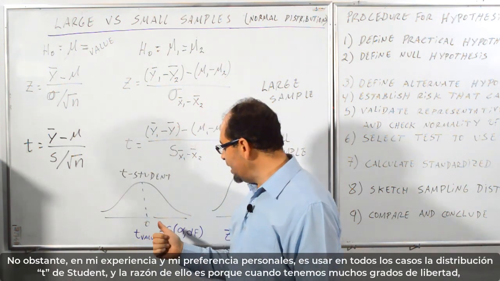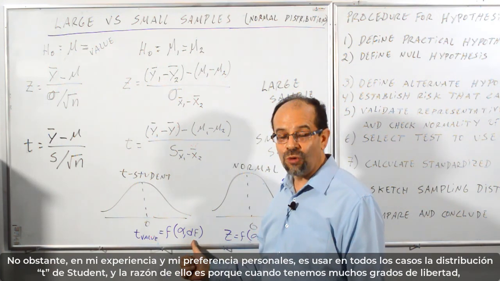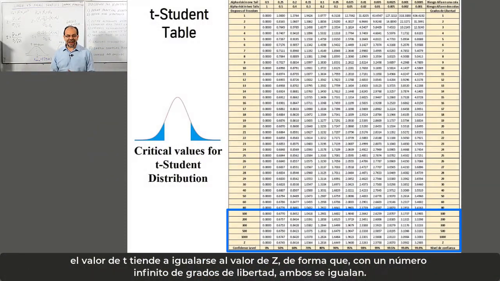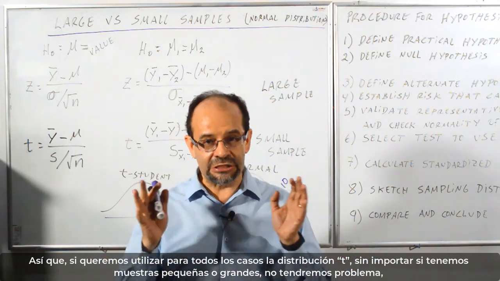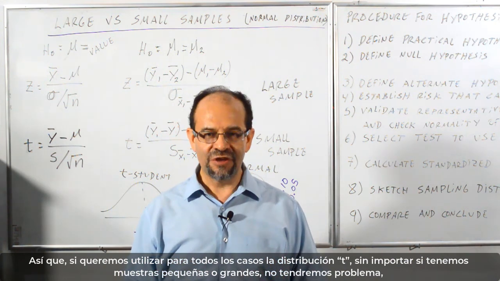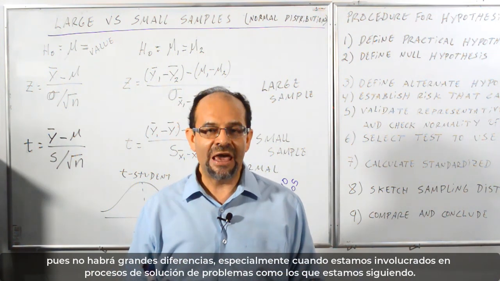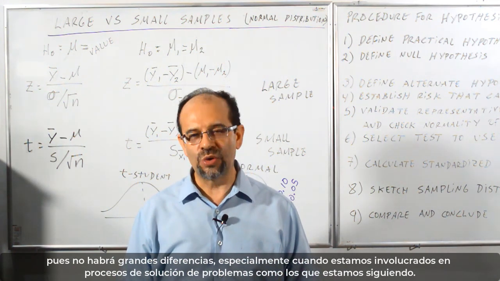And the reason is that when the degrees of freedom are infinite or very high, the value of t is the same as the value of z. So at the end, if you want to use the t-student distribution for the whole cases, small samples or large samples, you will be safe. There won't be major differences, especially when we are doing problem-solving process like the ones that we are following.